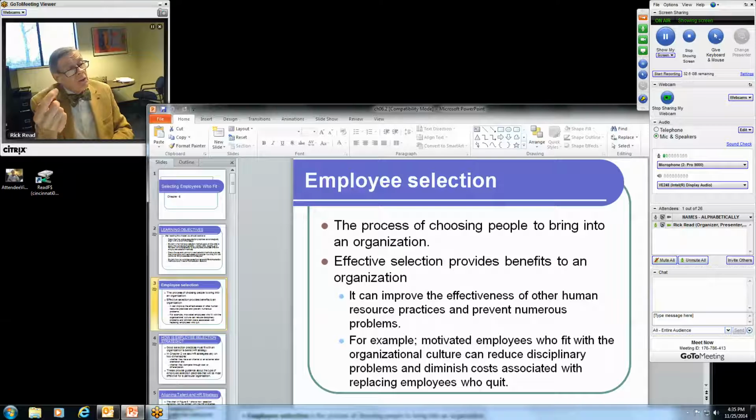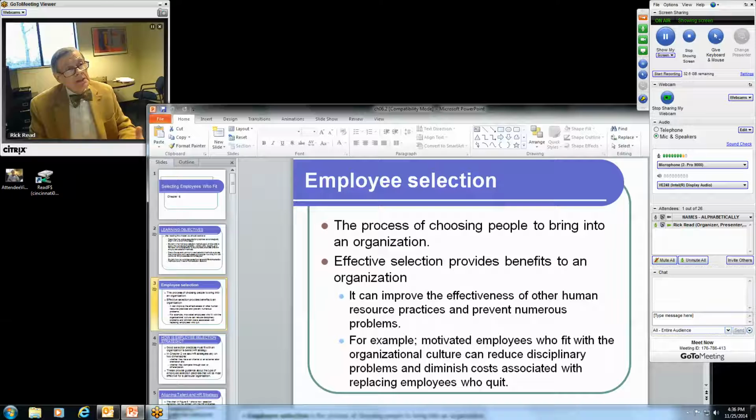And once we have that kind of a fit, we see that employee issues such as tardiness, absenteeism, and less than good working relationships are reduced, and the motivation tends to be higher.